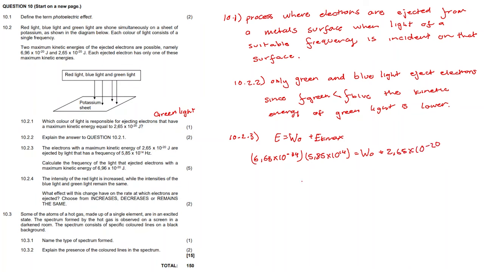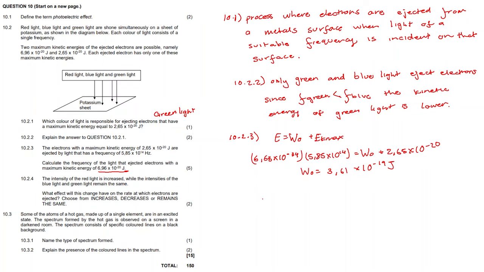And if we rearrange and solve for work function, we get the work function to be equal to 3.61 times 10 to the negative 19 joules. We can then use the work function in the same equation to calculate the frequency of the light needed to have a maximum kinetic energy of 6.96 times 10 to the negative 20.